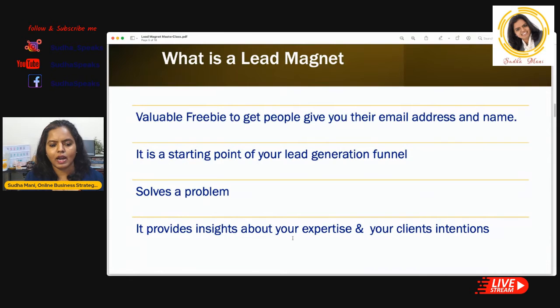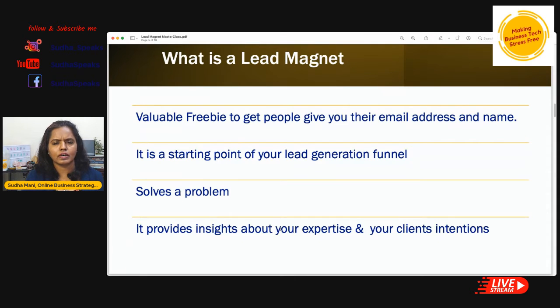Also, a lead magnet provides an insight about your expertise and your client's intentions. If they are willing to give you an email address and their name, which are their personal details, they've started to know you.